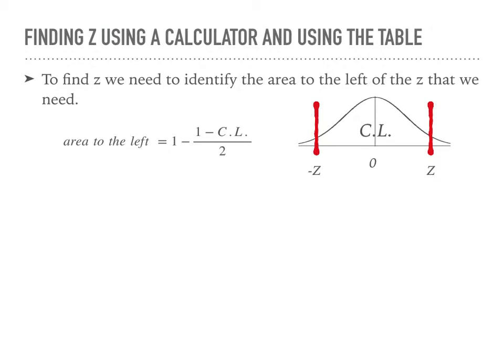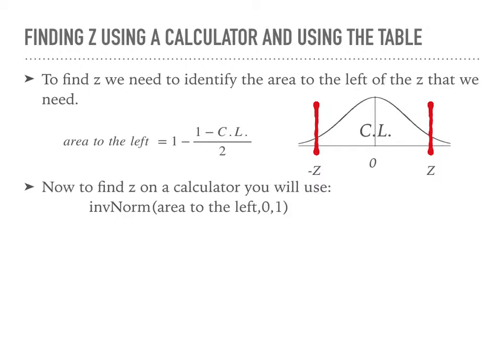So we have (1 minus the confidence level) divided by 2 gives us the area in just one of those tails. So that would be maybe the area in the right tail. And then we want all of the area that's to the left of that red line. If the area to the right of it is (1 minus the confidence level) divided by 2, we want 1 minus that ratio. Thus, we have that area to the left formula that I've given you.